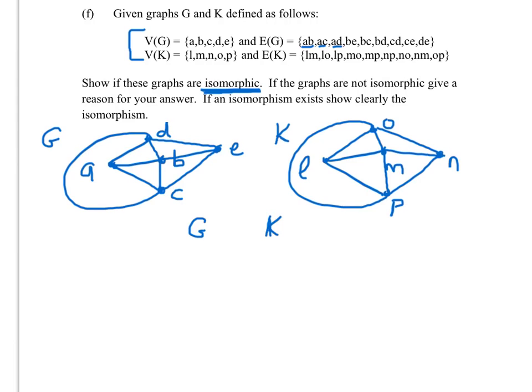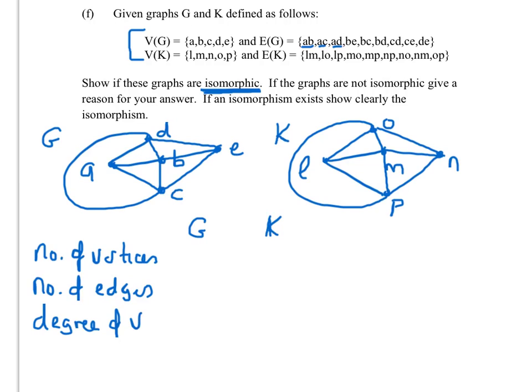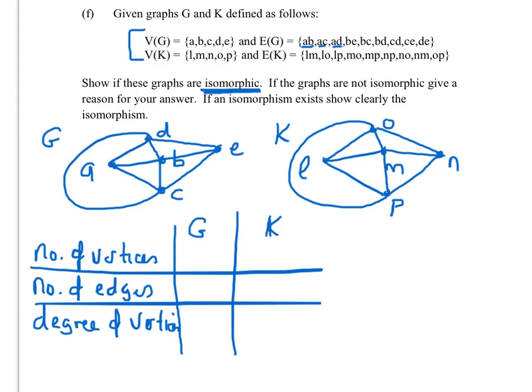And the things that you should compare in this are, let's say, the number of vertices. Look at the number of vertices of both. Look at the number of edges for both graphs. And also look at the degree of the vertices for each graph, right? So if I look at these for each of the two graphs, let me just fill that out.